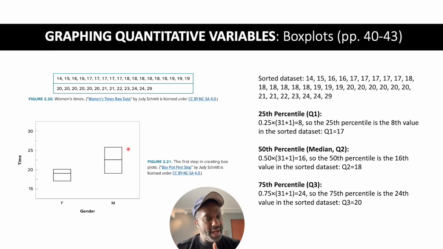Looking at the comparison side by side, female and male, you can see that the 75th percentile for women is just higher than the lowest score in the 25th percentile for men. You can see where there's overlap and where there isn't any overlap. So you can see that the fastest woman is just a little bit faster than the slowest man.